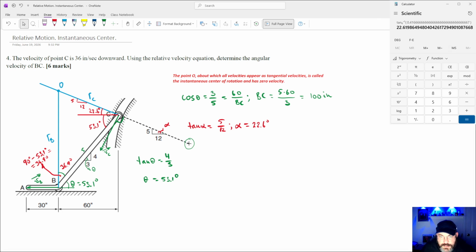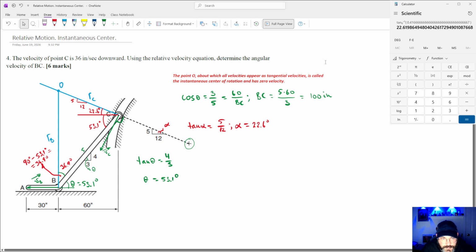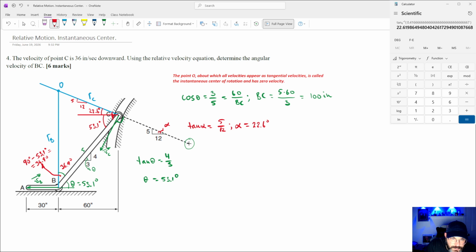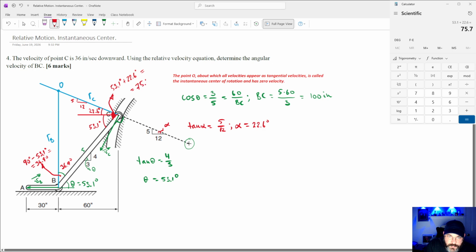Okay, so this is good. 22.6 degrees, and altogether, this angle here is going to be 53.1 degrees plus 22.6 degrees, which is 75.7 degrees.